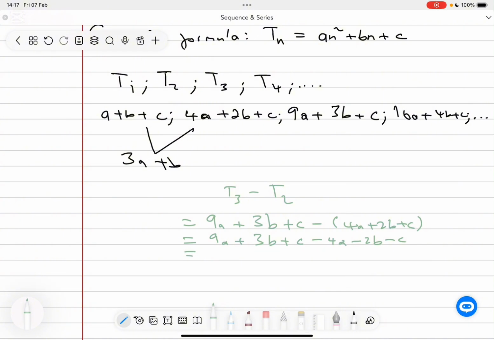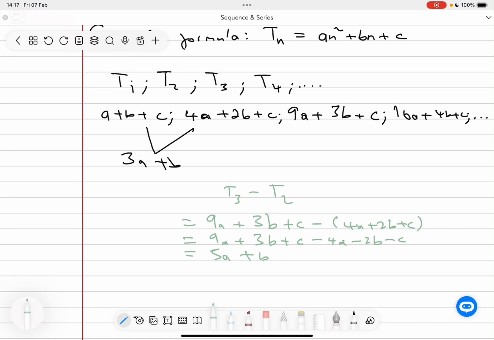Now, when we group our like terms, we can see that the 9a goes with the negative 4a. And when we say 9a minus 4a, that gives us 5, so that means we're going to have 5a. And if we say the 3b minus the 2b, that should give me b.